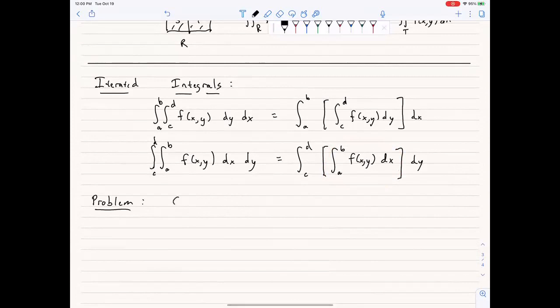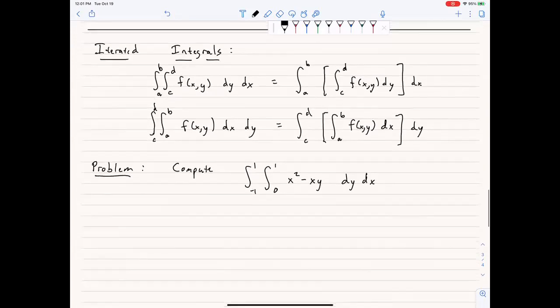So let's compute the following iterated integral. So I've got this guy here.